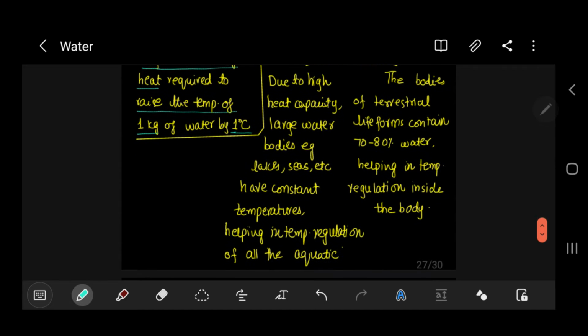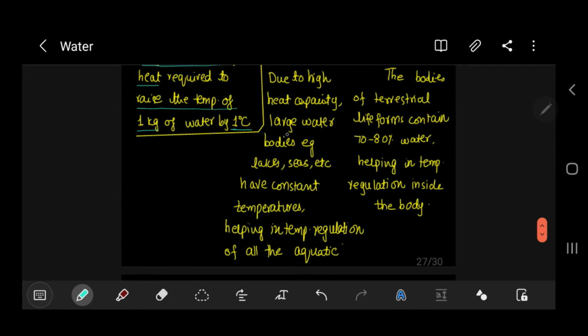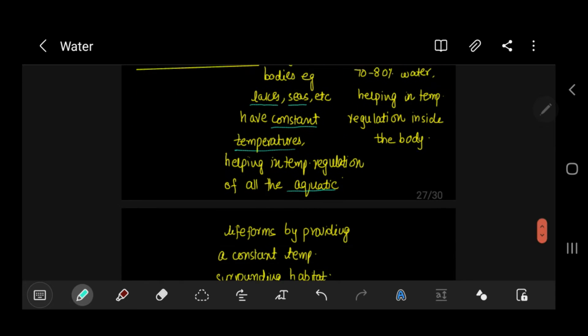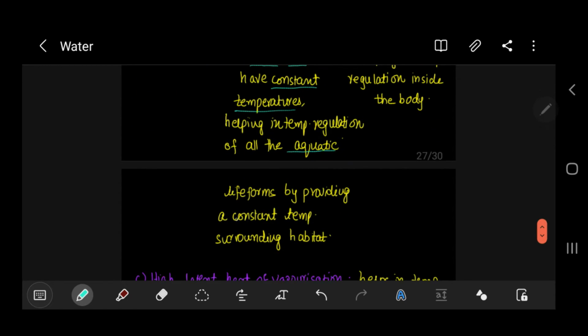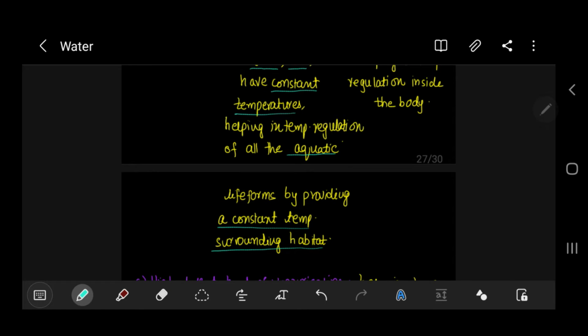Now, due to high heat capacity, large water bodies, for example lakes, seas, oceans, etc., have comparatively constant temperatures, helping in temperature regulation of all the aquatic life by providing a constant temperature surrounding habitat. Now, how a constant temperature?